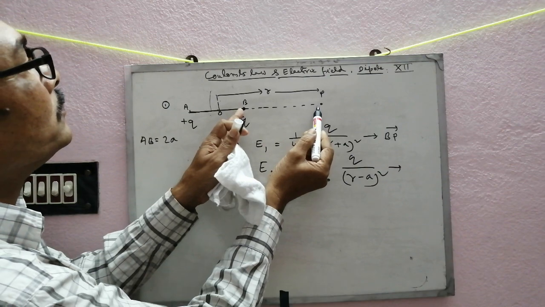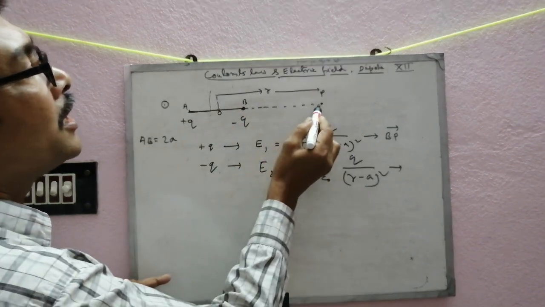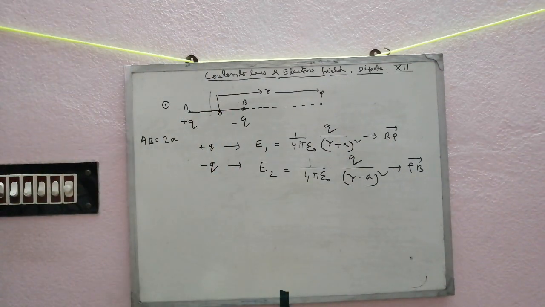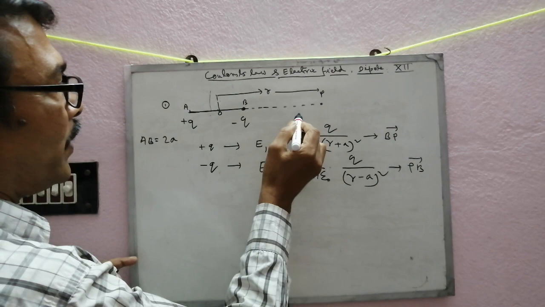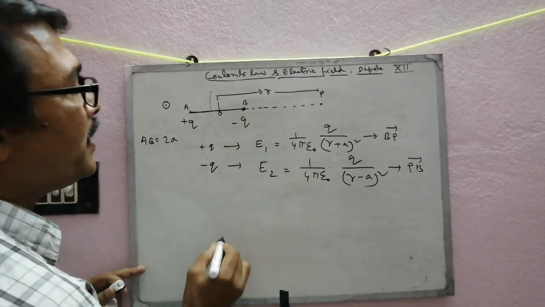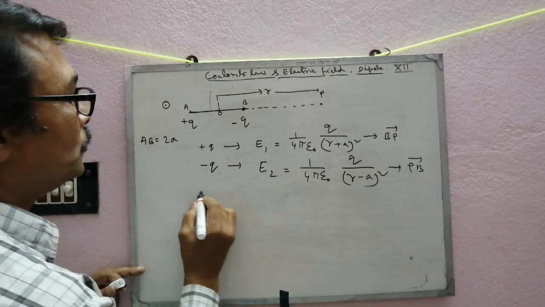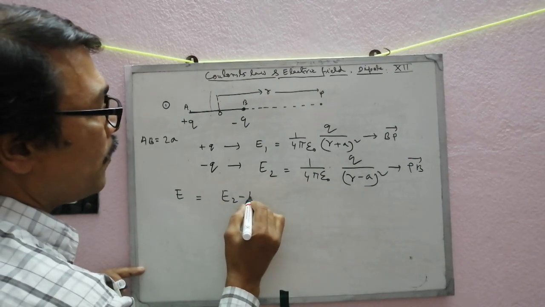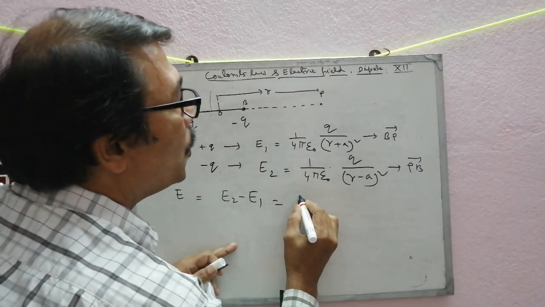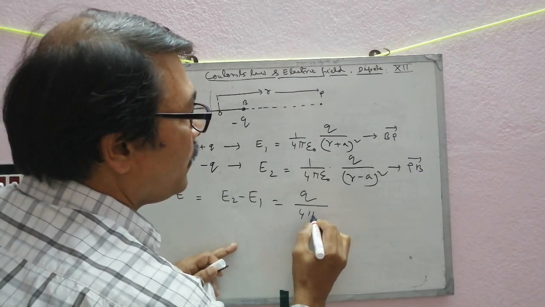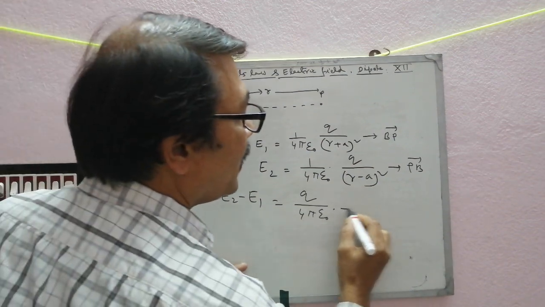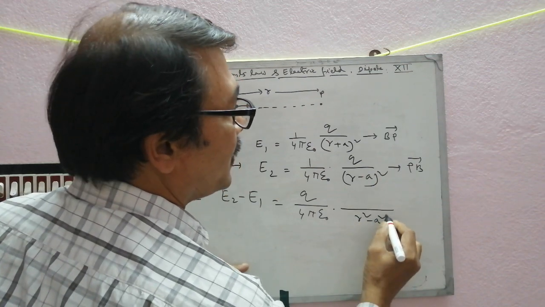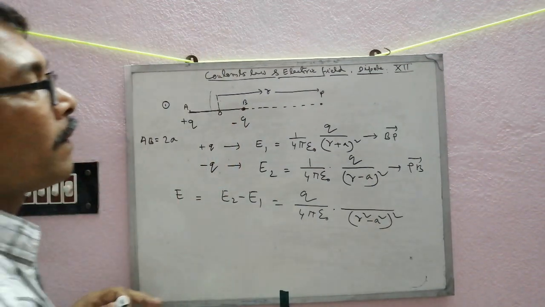This distance is R minus A, direction here P to B. E2 is greater than E1 because plus Q is farther away than minus Q from P. So the net electric field at P equals E2 minus E1, that is Q by 4 pi epsilon naught, we will get 4RA by R square minus A square whole square.